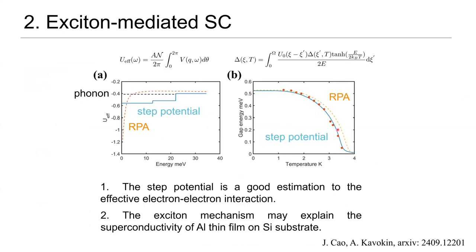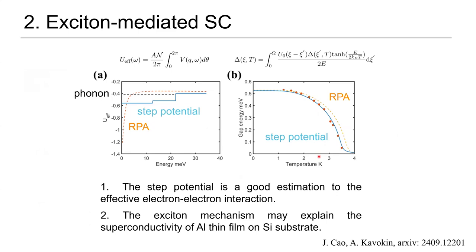So for BCS, we compared it with BCS. For BCS, we can only get 2.4 Kelvin, which is exactly the phonon contribution. But if you consider that excitons participate in this case, then the critical temperature is increased. Yes, exactly. So this is the strong argument that the exciton mechanism is actually playing a role.